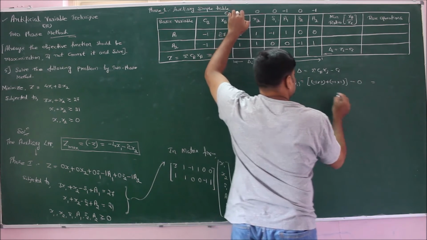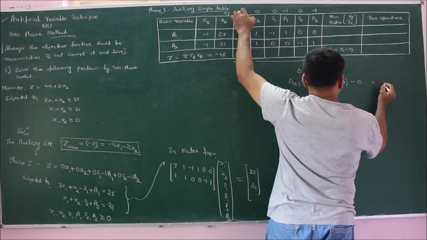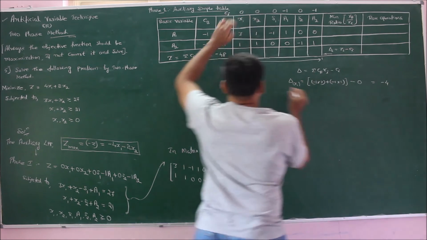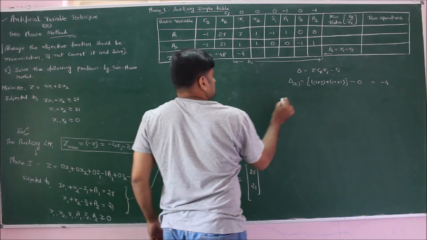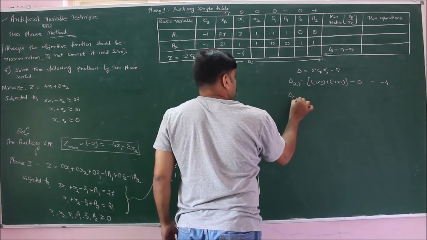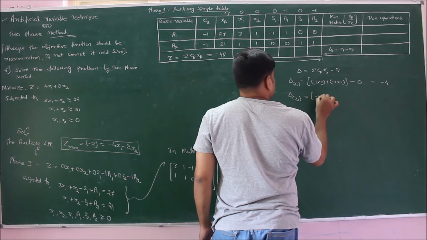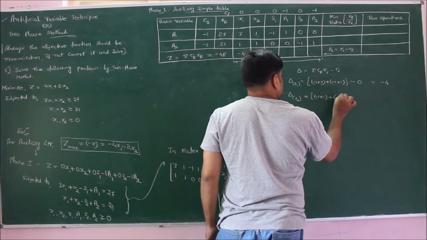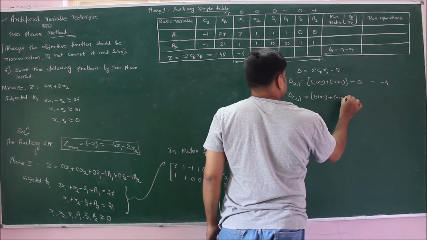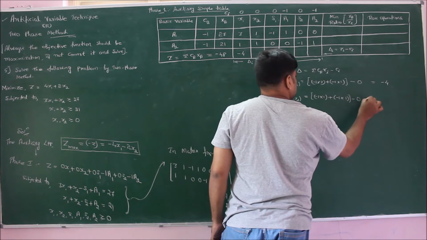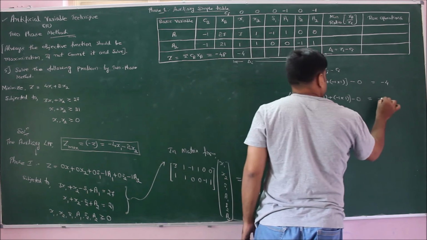So I will get -3 minus 1 is -4. Similarly, if I calculate for x2, I will get -1 into +1 plus -1 into +1 minus 0, which gives us the value -2.